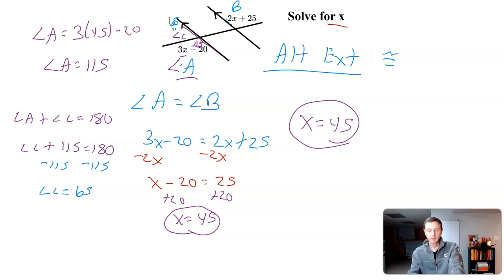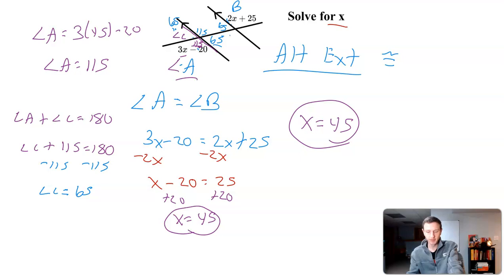And these are kind of fun, because if I know angle A is 115, I'm going to call this angle D. This angle is also 115 because of vertical angles. And then if angle C is 65, that means this is also 65. And then if we have, this is 65, these are alternate interior angles.